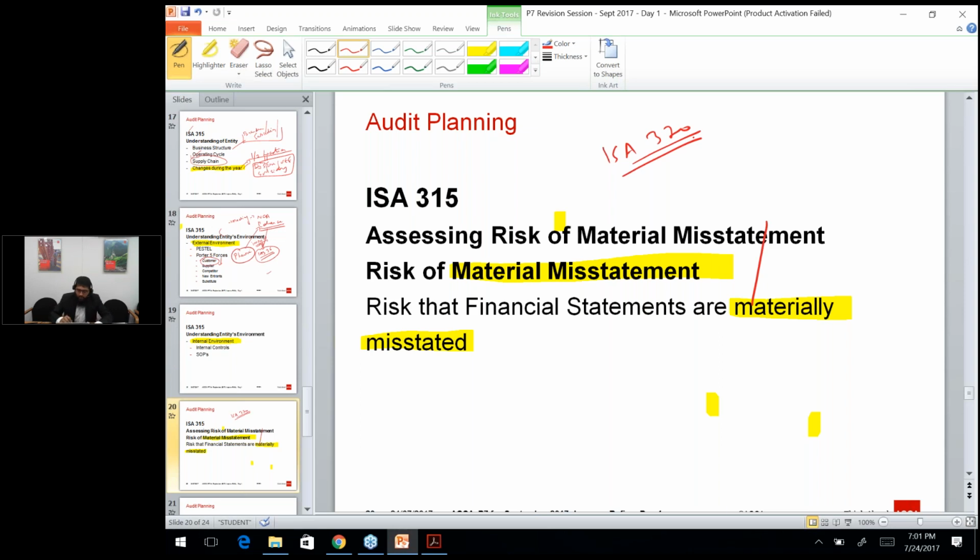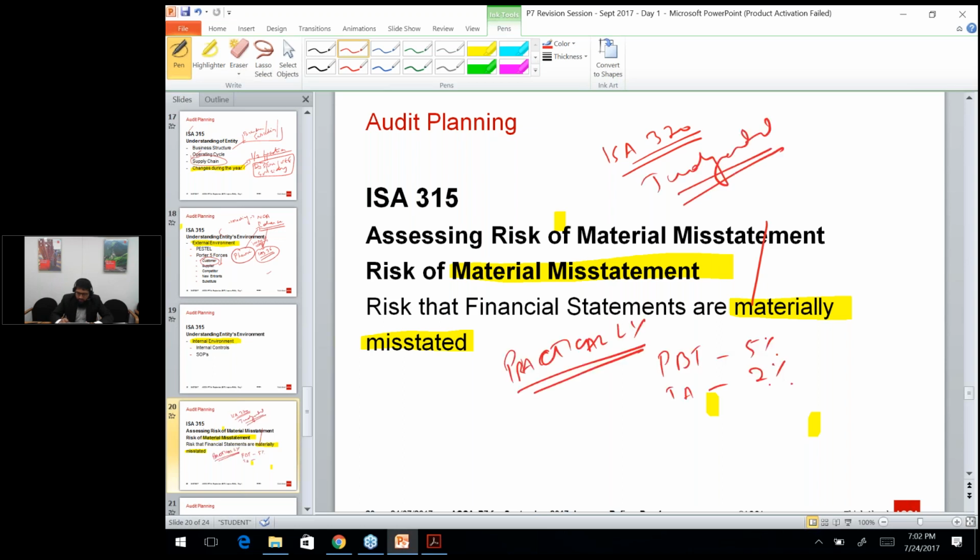But practically speaking, we do know what materiality is. Even the books give certain thresholds for materiality, and those thresholds are usually 5% of the profit before tax, 2% of the total assets, and 1% of the revenue.